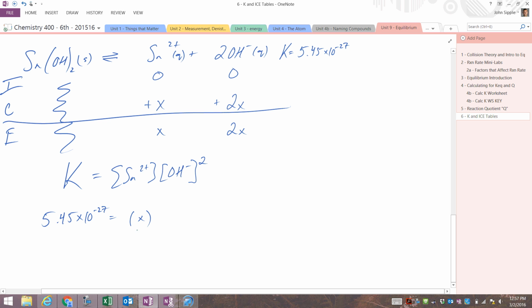We get x, and we get (2x) squared. Make sure you have parentheses around that. There's a big difference between 2x squared and (2x) squared.